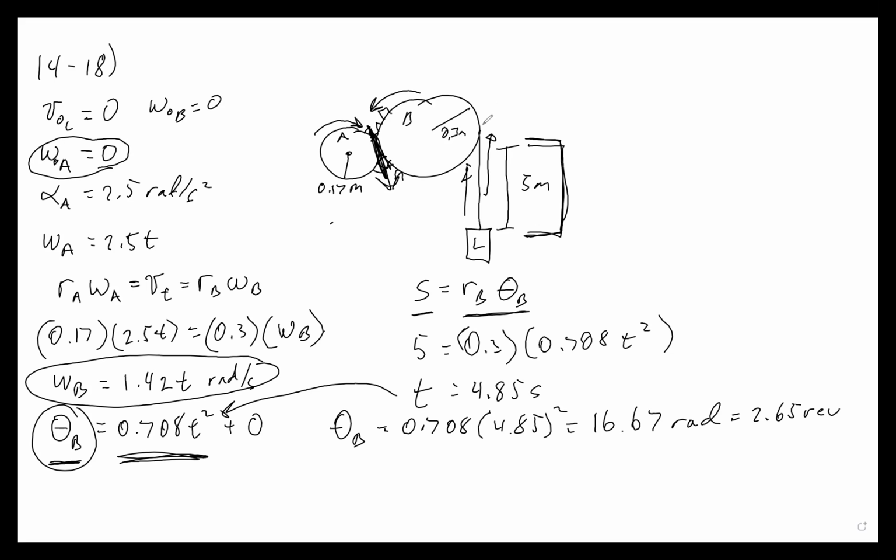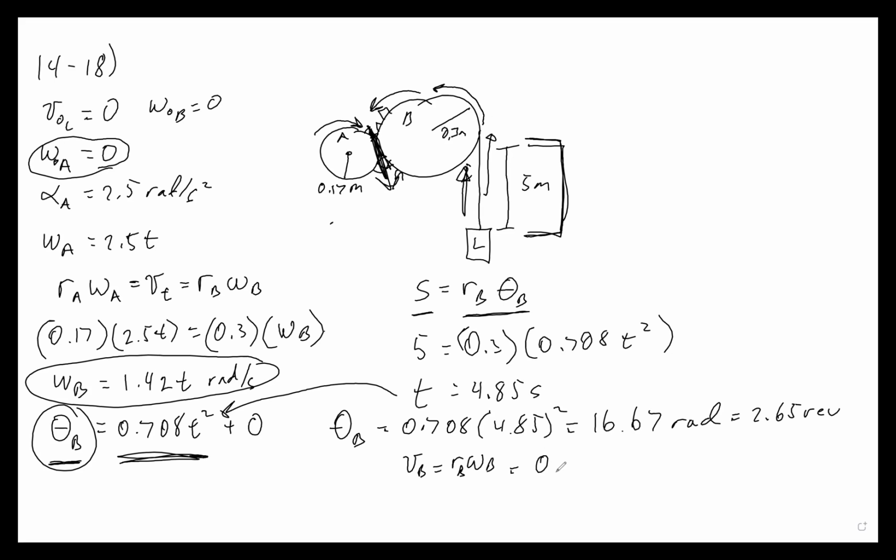The speed at which the outside of this gear rotates can be translated to the linear velocity of L. So the velocity of the load, which is also the velocity of the circumference of gear B, is equal to the radius of B times omega B.